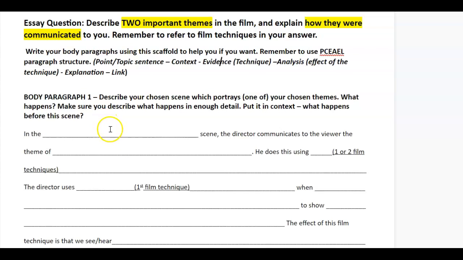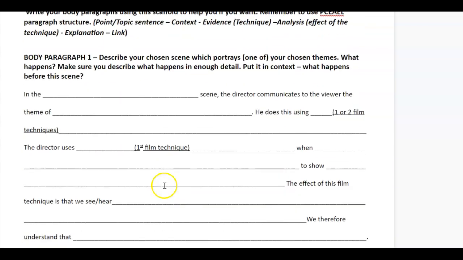The way that I'm suggesting that you write this is that you talk about your different scenes, just like you got ready yesterday with. In this something or other scene, the director communicates to the viewer the theme of something or other. He does this using different film techniques. One or two, and you put them in here. So maybe dialogue and camera shots. Or maybe diegetic sound and camera shots.